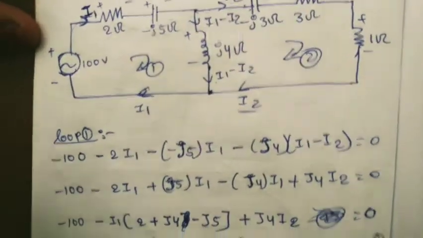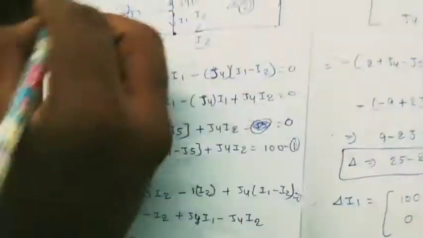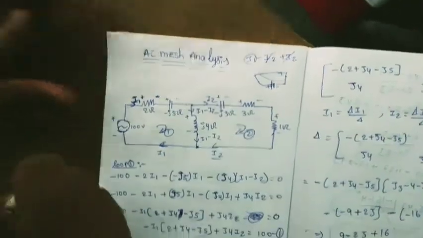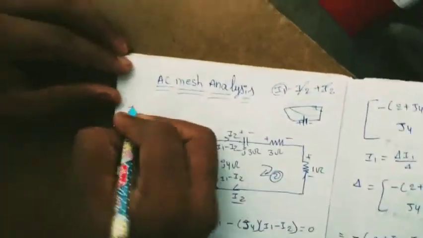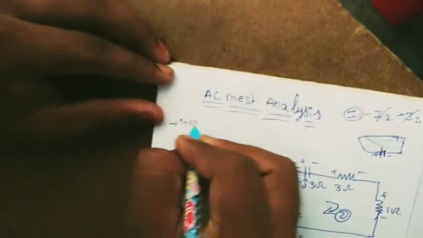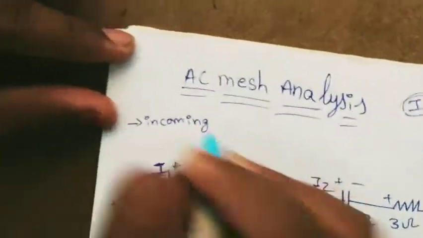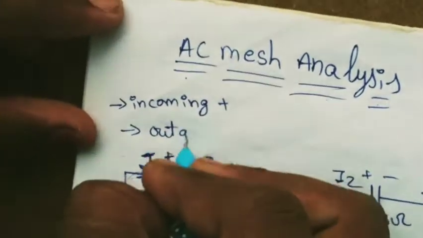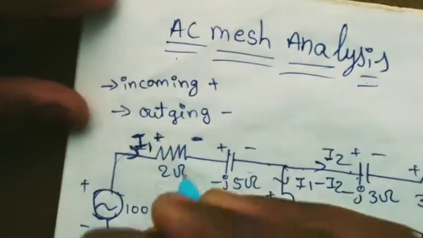After that, we have to give the positive and negative terminals. I already told you in the previous problem that incoming should be positive and outgoing will be negative.